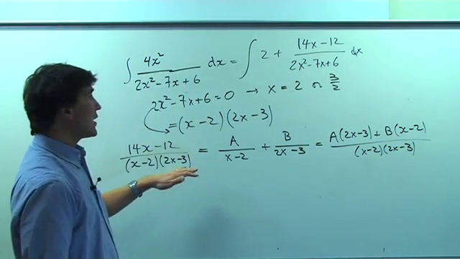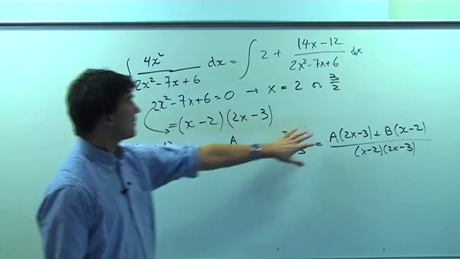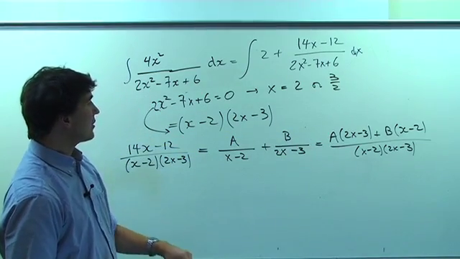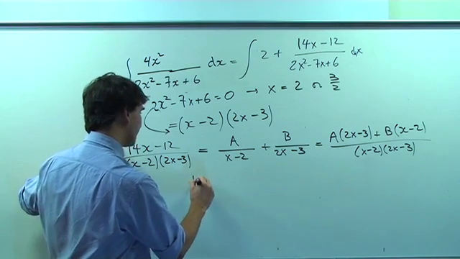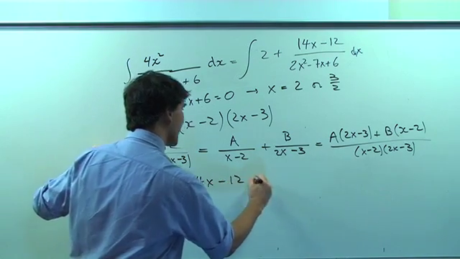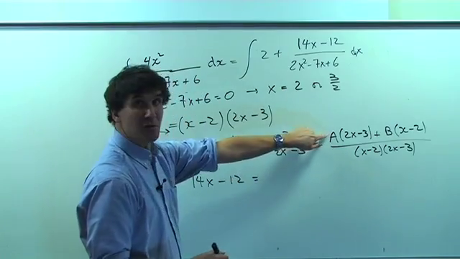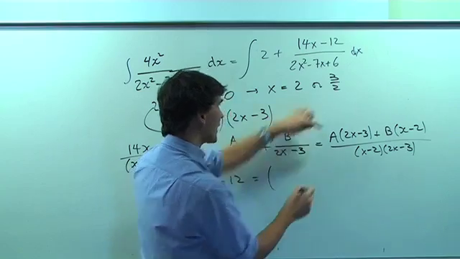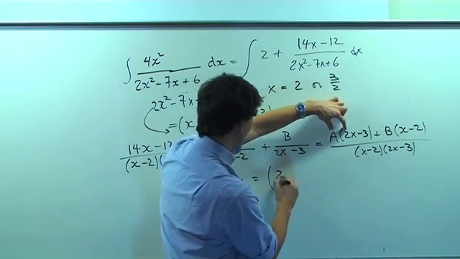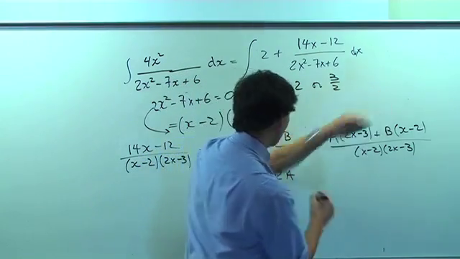And for these two, the left-hand side and the right-hand side, to be identical, the 14x minus 12 should be exactly the same as the numerator up here. And I'm going to write that numerator as something times x. So how many x's do we have? We've got two ax's here, and we've got a bx.